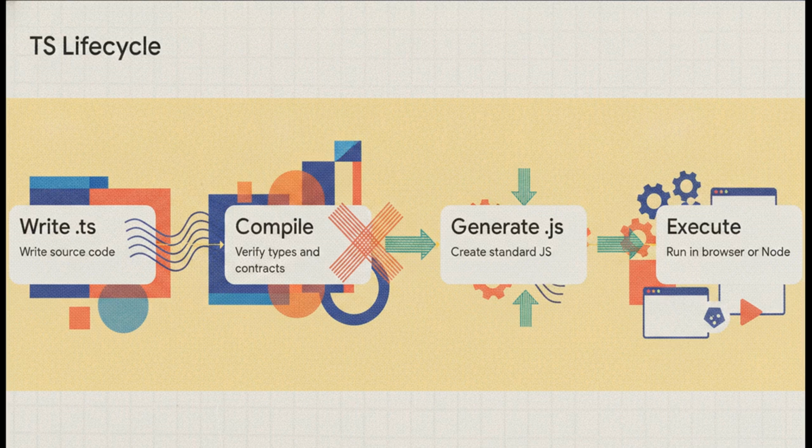Step 1, you write your .ts files. Step 2, and this is the crucial one, the compiler analyzes and verifies all your types, literally stopping errors right in their tracks. Step 3 generates your standard .js files, and finally, Step 4 executes that code in the browser or Node.js. The absolutely vital takeaway here: the type checking happens completely in Step 2.